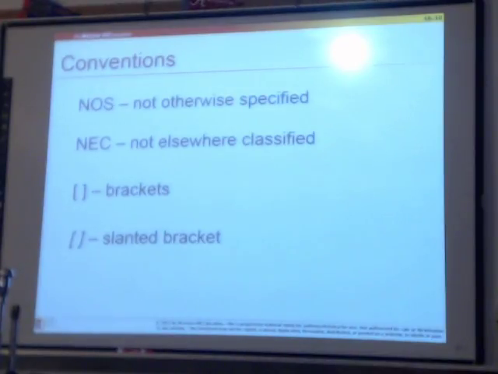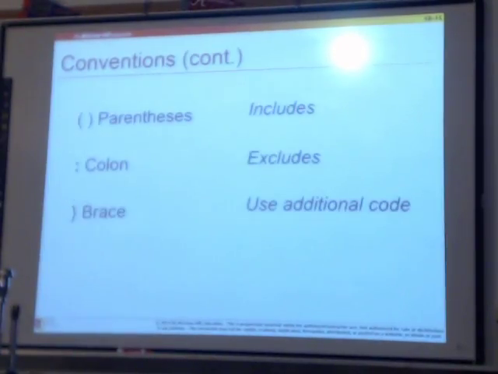If things are in brackets or in slant brackets, you need to read what's in there because it gives you something specific to look at, or it's going to give you specific things to pay attention to. It might tell you it needs another digit. It might tell you that it needs a subsequent code. It needs another code to go with it. So be sure you look at anything in any type of bracket.